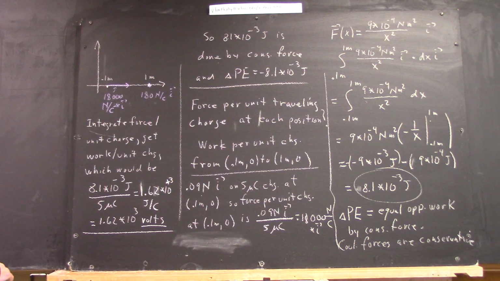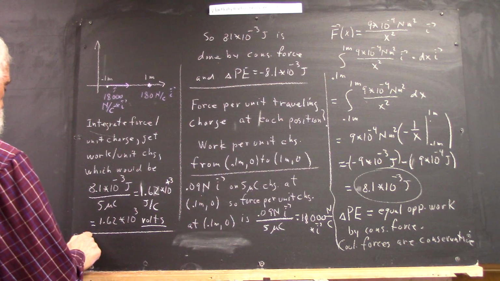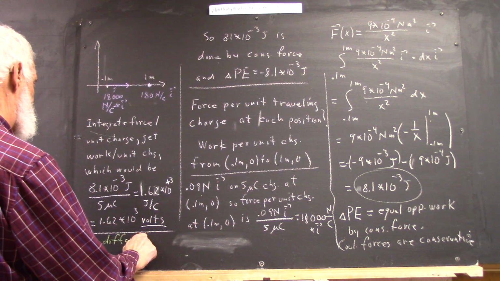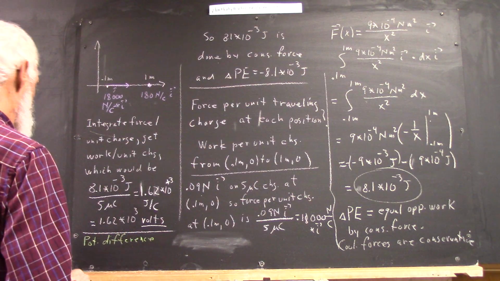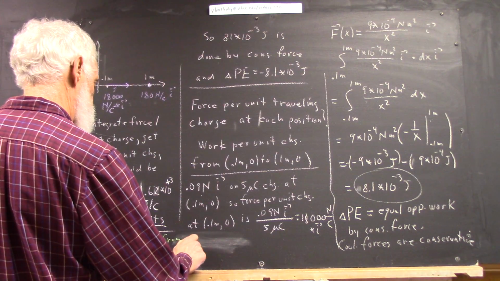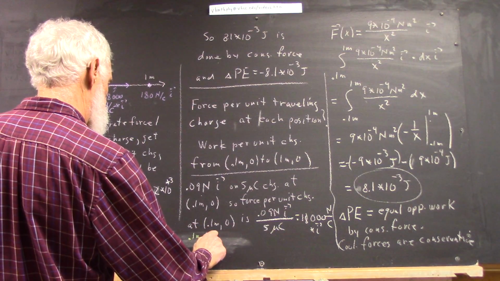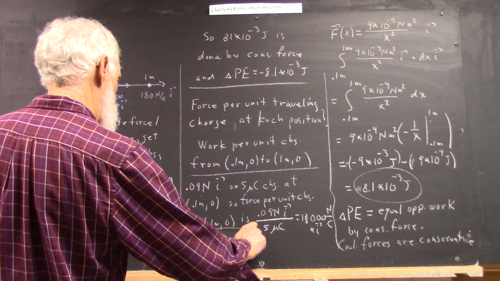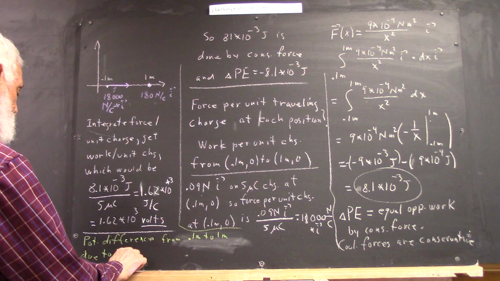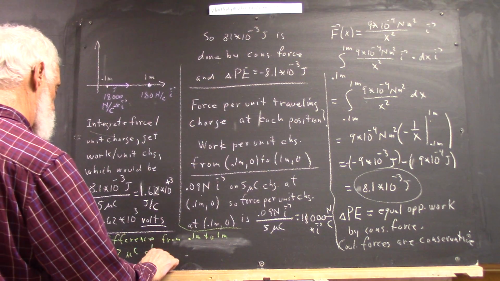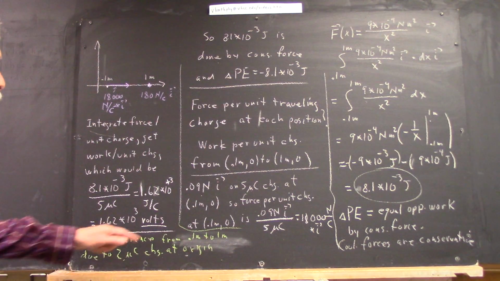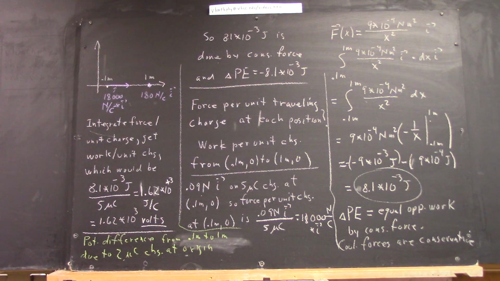Now, big definition. Potential difference from 0.1 meter to 1 meter due to a 2 microcoulomb charge at the origin is what?